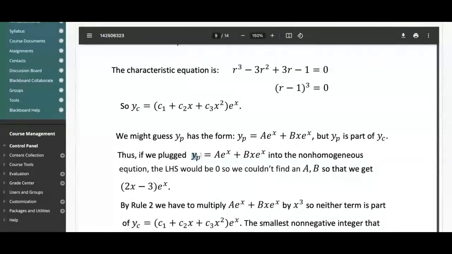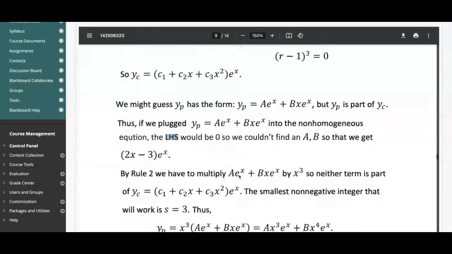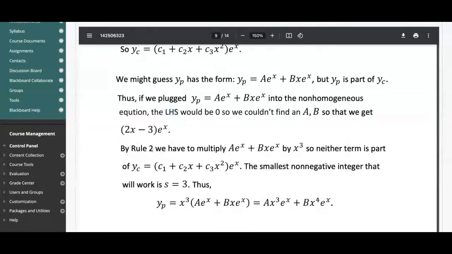So if we plug in this particular solution into the non-homogeneous equation, the left-hand side would be 0, and we wouldn't be able to find a and b. So by the rule, we have to multiply this by x raised to s, x raised to 3 in this case, so neither term is part of the complementary solution.